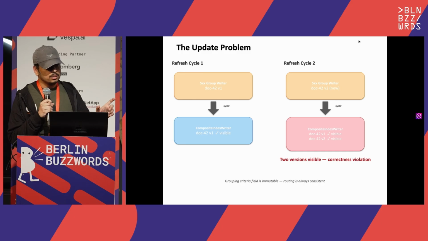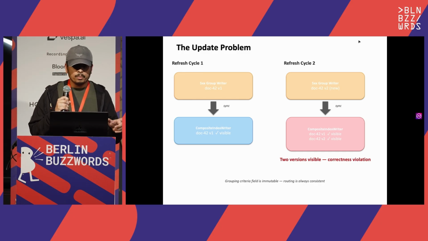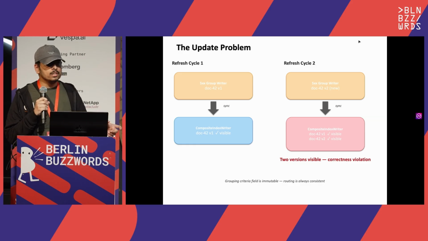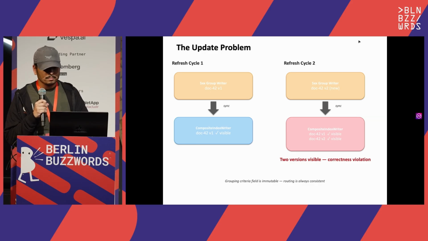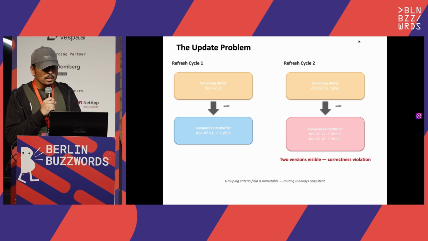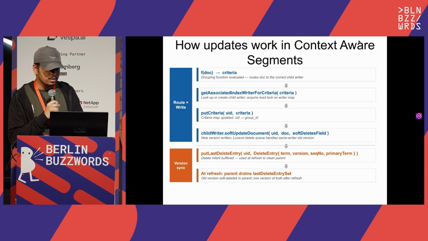But now, since different versions of the same document can land on separate writers, this kind of correctness violation can happen. So the question is, how do we solve this? Let's look into the solution.